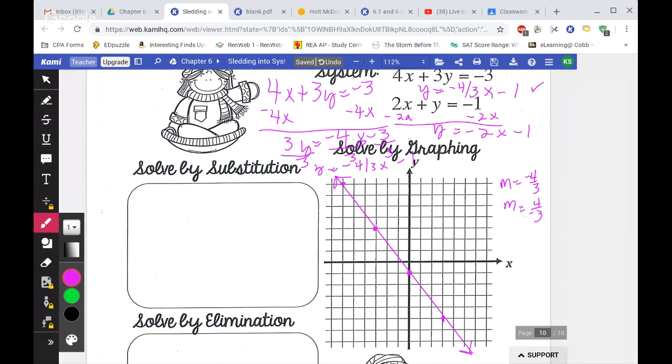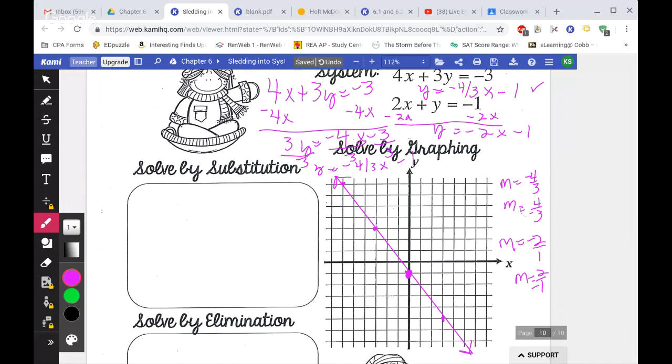And this next one, my y-intercept is also -1. So basically, that's probably going to be our point right there, because that's going to be the point at which it's true for both of them. But our slope, just so that we can draw the line, is -2. So I'm going to travel in one positive direction and one negative direction.